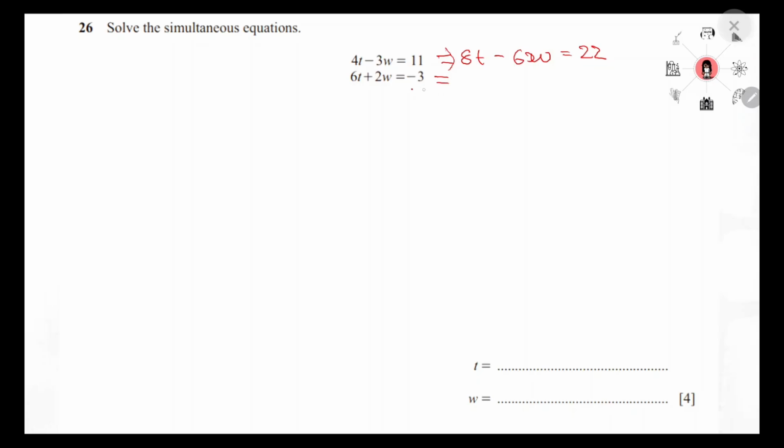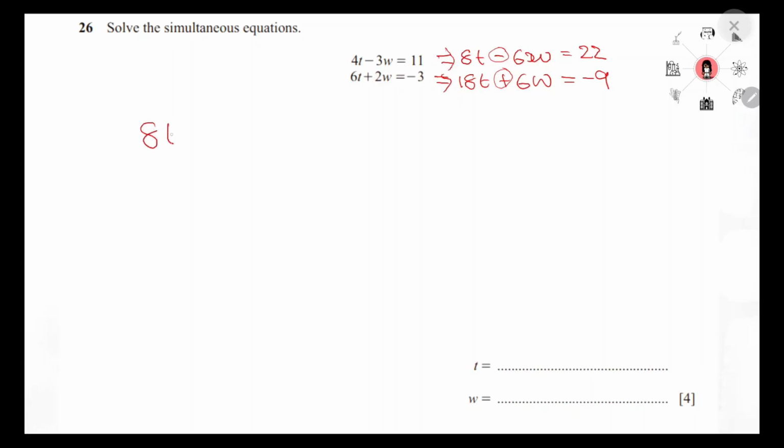Here we'll be multiplying 3 to the whole equation to get 18t plus 6w equals minus 9. Now, since the signs for 6w are different, we'll be adding these two equations.